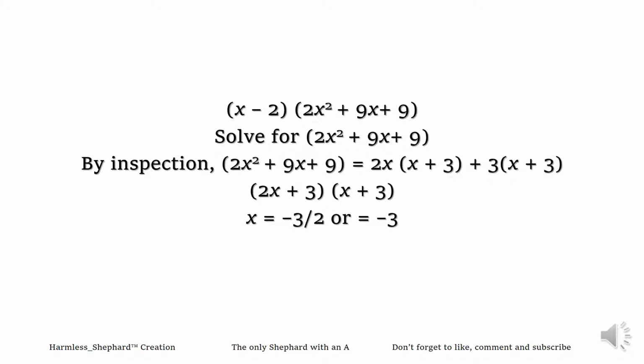So finally, the two roots are x equals minus 3 over 2 or x equals minus 3. It therefore means that x equals minus 3 over 2, minus 3, or 2. Those are the three roots of the polynomial.